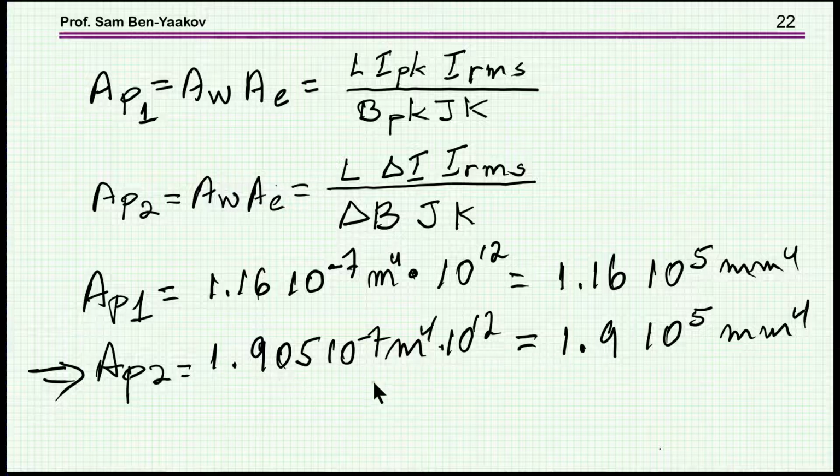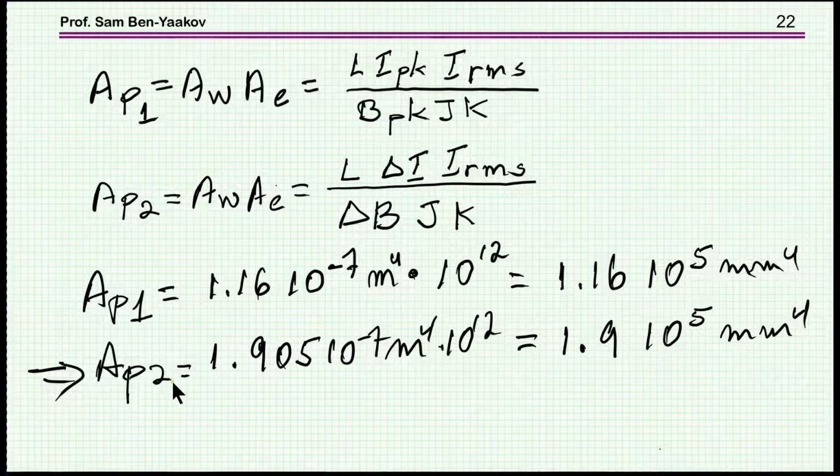So once I know this number, the largest one between the two, I can go into the catalog and look for a core that will fit this number. Actually, the AP of the core has to be a little bit higher than this value. Notice that the shape of the core does not matter. Would it be a regular core, an E core, an ETD core, or a flat magnetics core?